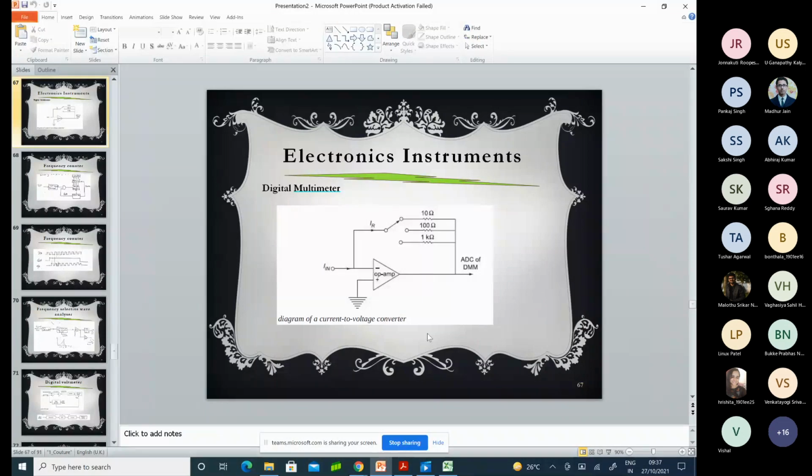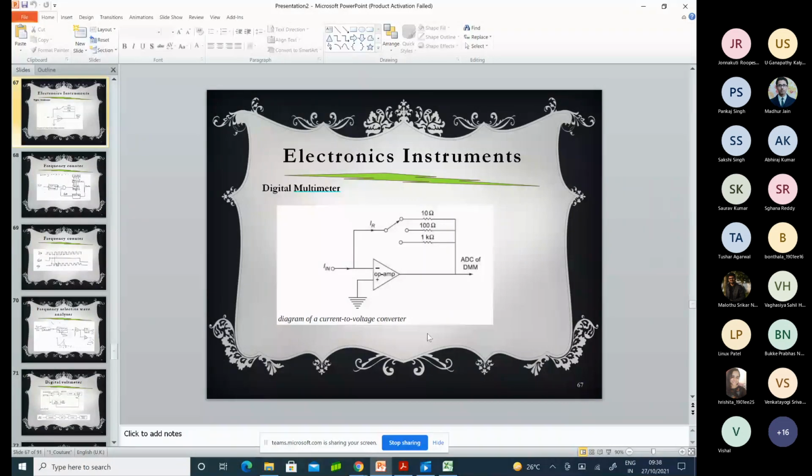With the op amp, if you connect this resistance on the minus point, that means you give this resistance as a negative feedback, then if you give an input current, what will happen? You will get some output based on the resistance.